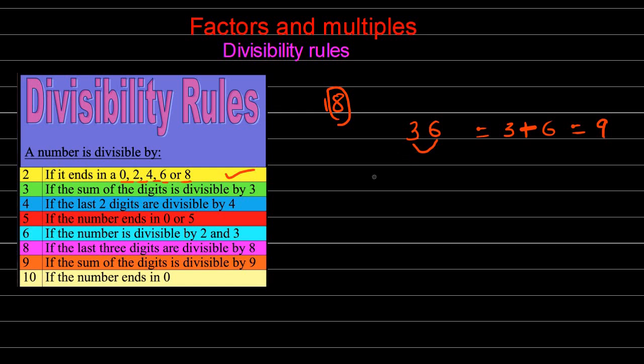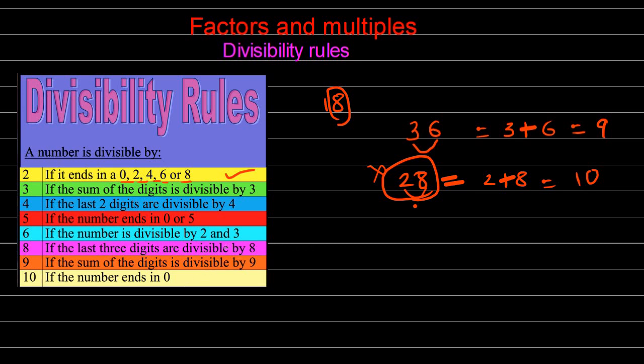Now if the number given is 28, you need to add the two digits. 2 plus 8 is 10. Is 10 divisible by 3? No, it's not. That's why 28 is not divisible by 3. Very simple divisibility rule of 3.